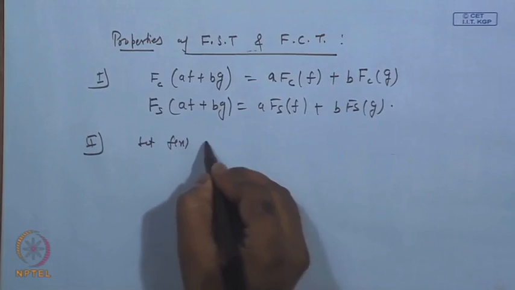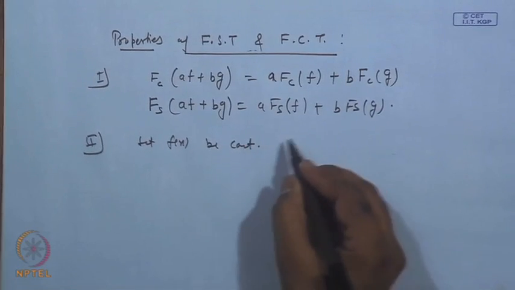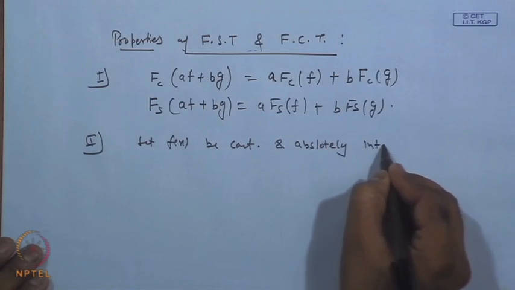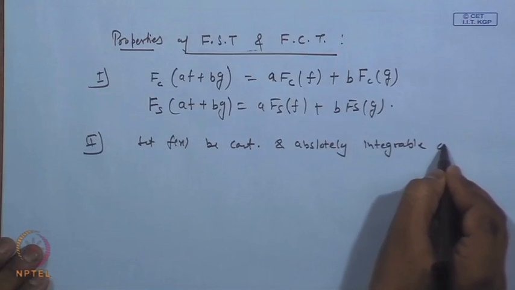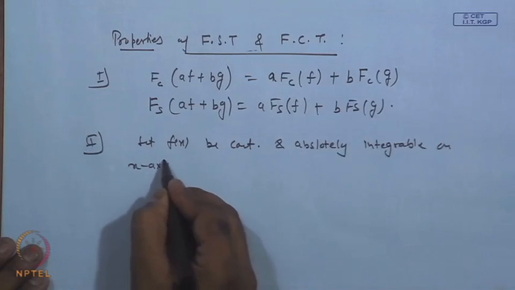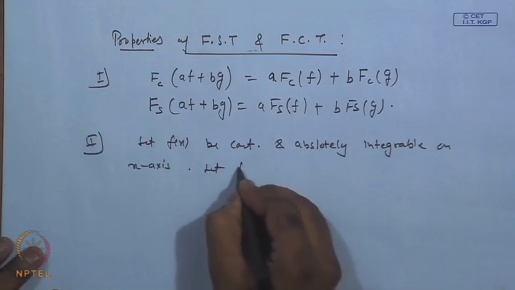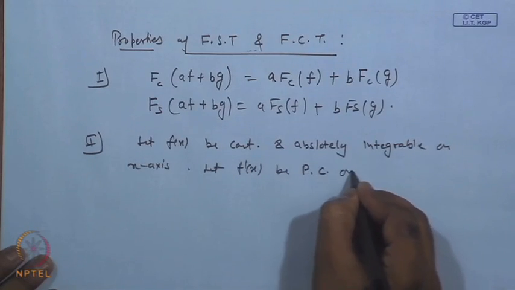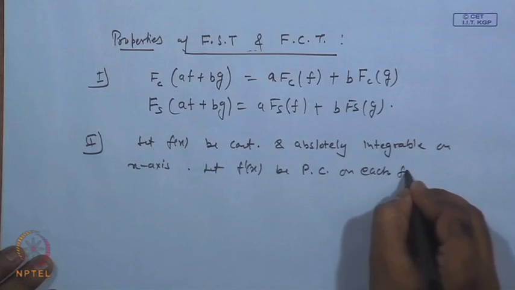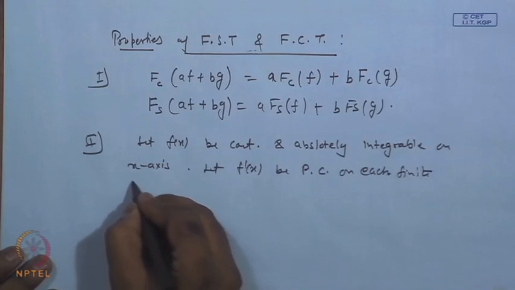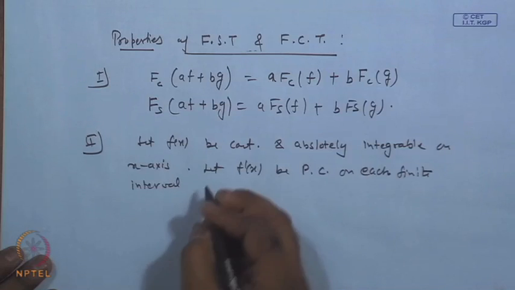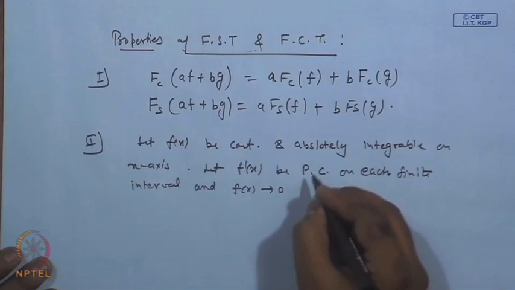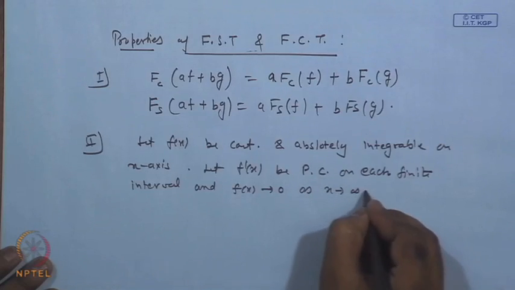So, let f(x) be continuous and absolutely integrable on the x axis. Also, we let f'(x) be piecewise continuous on each finite interval, and f(x) tends to 0 as x tends to infinity.